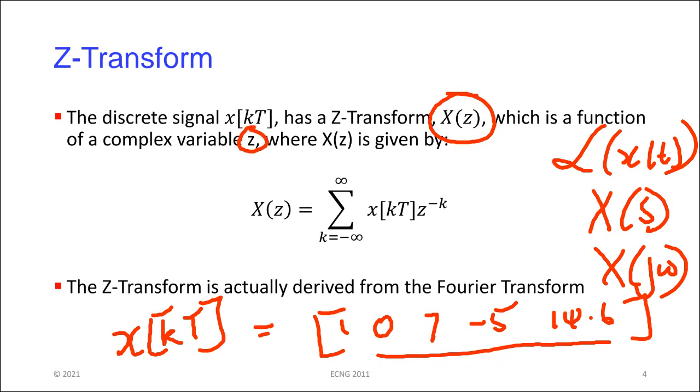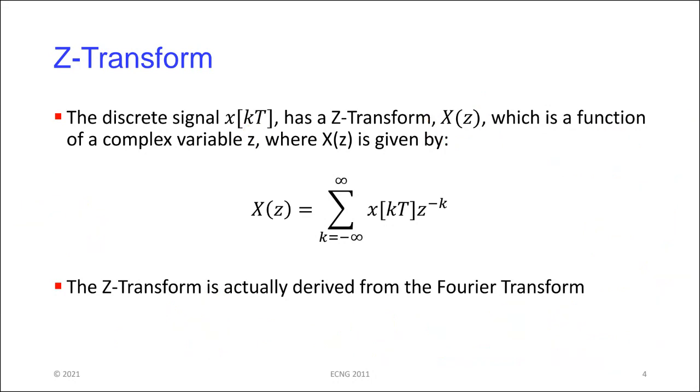In the Laplace domain, you remember s is a complex variable. It has a real and an imaginary part. So z is complex. Nothing strange about that. And the way you calculate the Z transform is from this expression here, that X(z) is a sum from k equals minus infinity to infinity of x(kT), whatever the values of that are, times z to the minus k. All right, so look at that a little bit, and we're going to expand on that in a second.